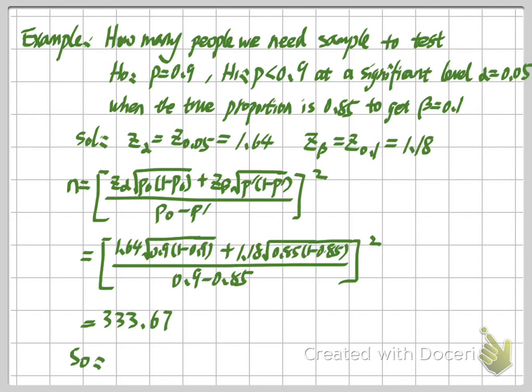So based on this property, we will always use the larger integer for our decimal number. That means the value of our n will always be a little larger than this decimal number. So it will be 334. So the final answer is 334 people we need to test or sample to satisfy this requirement.